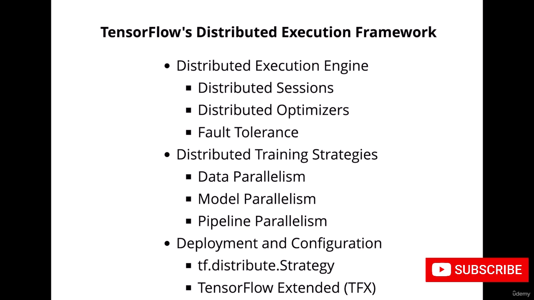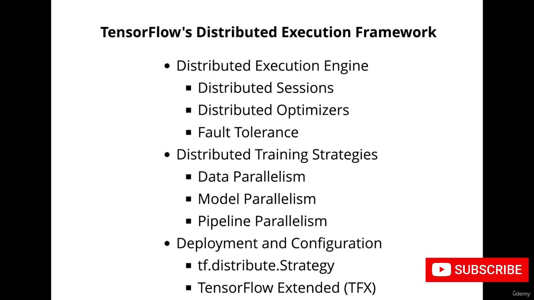Pipeline parallelism divides the computation graph into stages, with each stage running on a separate device or machine. Data flows through the pipeline and computations are overlapped to improve throughput. TensorFlow's tf.distribute.strategy can be used to implement pipeline parallelism by partitioning the computation graph and coordinating the execution of stages across devices.